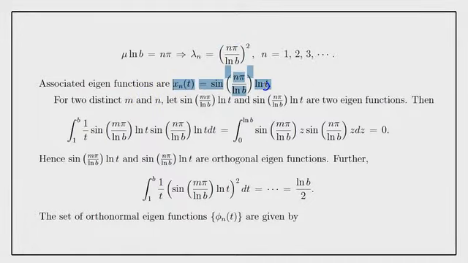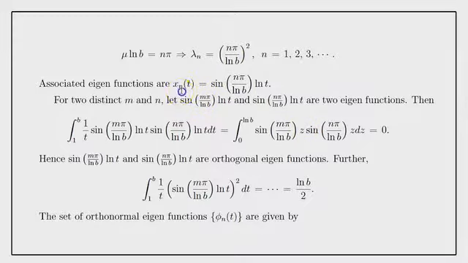and correspondingly you can find the eigenfunctions x_n equal to this. Now if you consider two different quantities m and n, that means m not equal to n, therefore you are considering two eigenvalues lambda m and lambda n, which are equal to (m pi / ln b) squared and (n pi / ln b) squared.